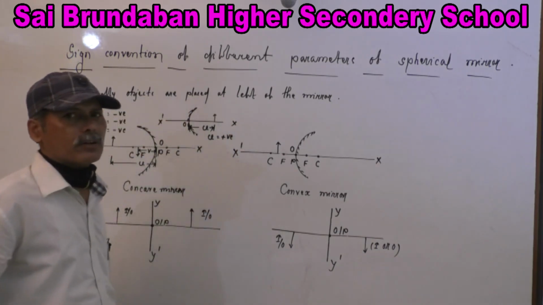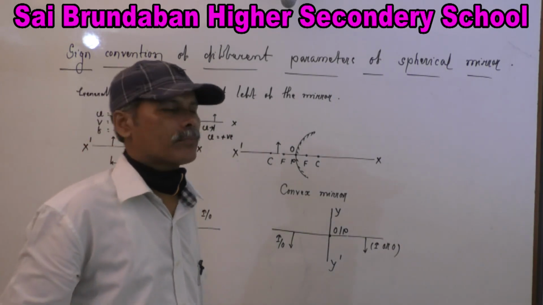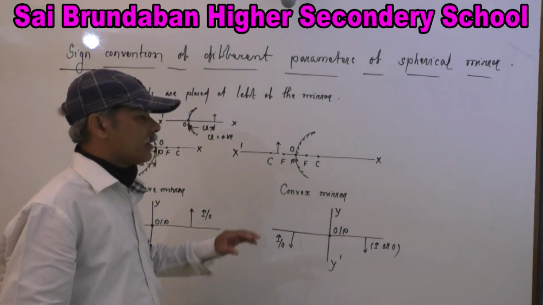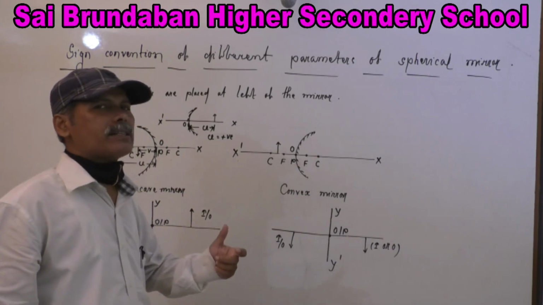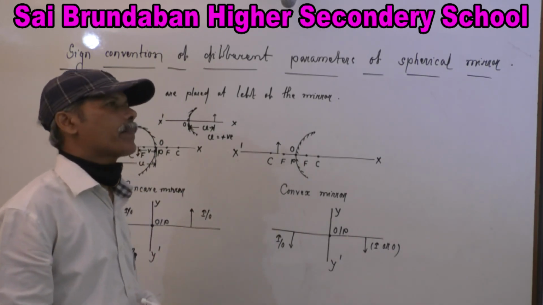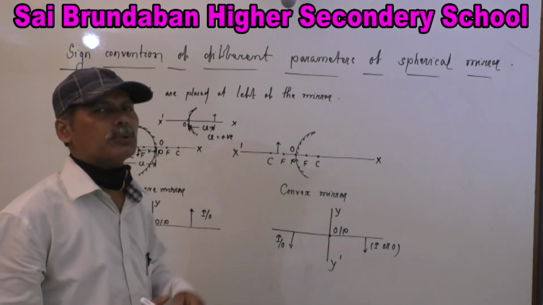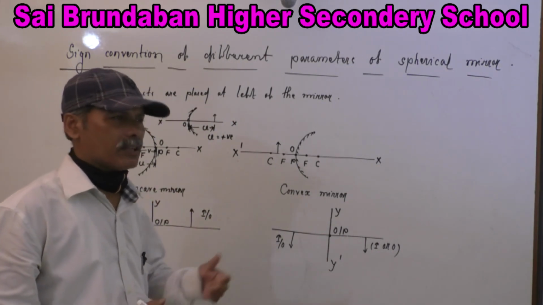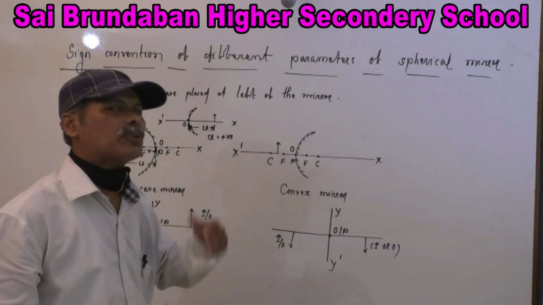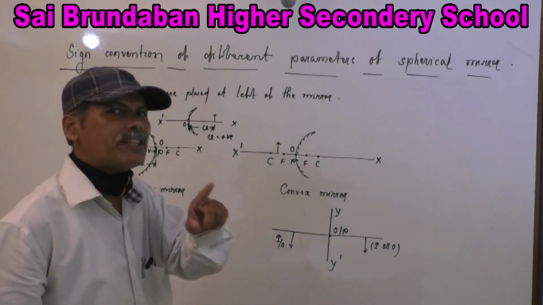I want to say the object distance and the image distance are always taken into consideration, the sign convention taken with reference to the x-axis.